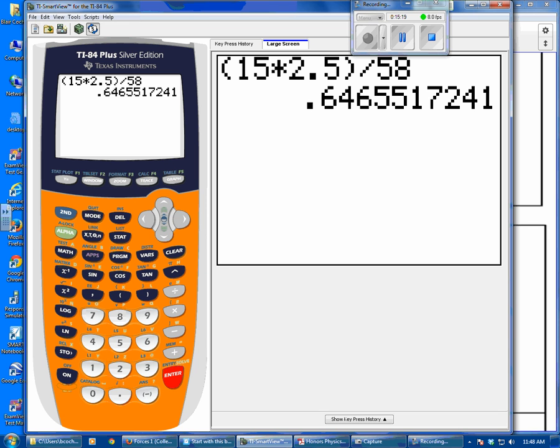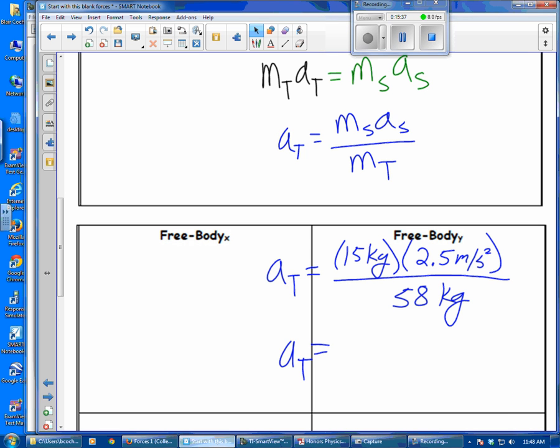He's about 4 times bigger than her, more inertia than her, so he's going to accelerate at a quarter of what she does. Seems to make sense. So that would round to 0.647 meters per second squared. So let's give that a try.